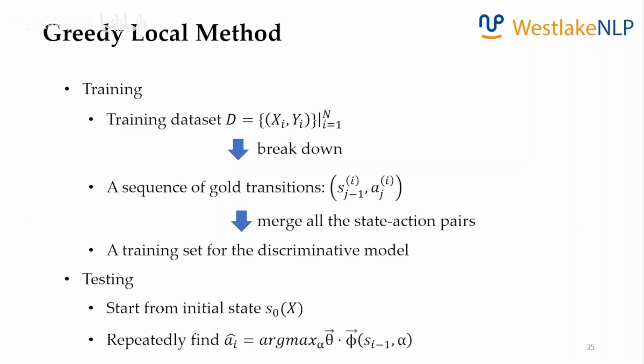This is now a classification problem because your possible actions are finite. Separate or append, right? This is one set of actions for segmentation, or shift, left arc, right arc, etc. for parsing. These actions are finite.